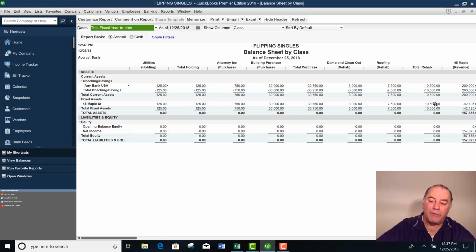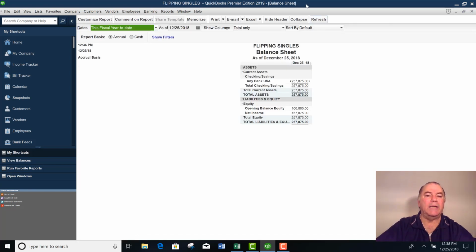So obviously I didn't put everything in. And then over here we've got the total for 45 Maple. So that's on your balance sheet, because everything that we're doing improves the asset. Then when we clear it out, we're going to bring it over to the income statement as the cost of goods sold. So now what I want to do is just give you an idea of the entries I made.